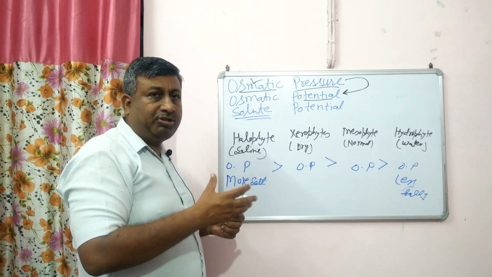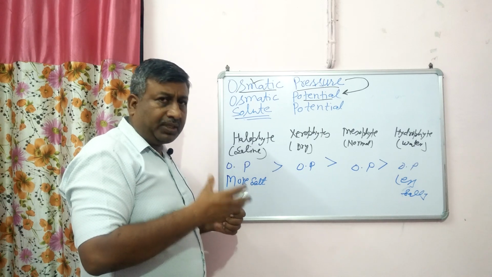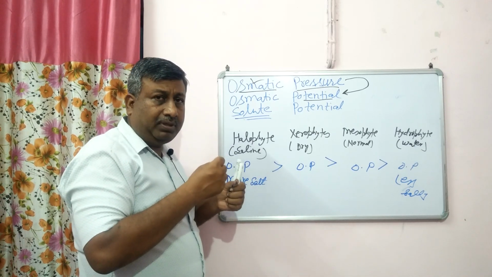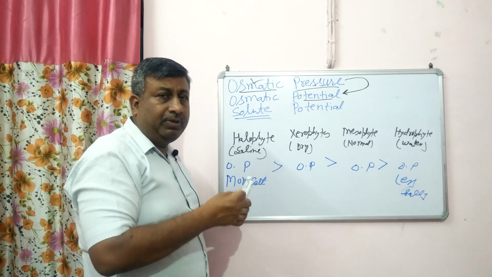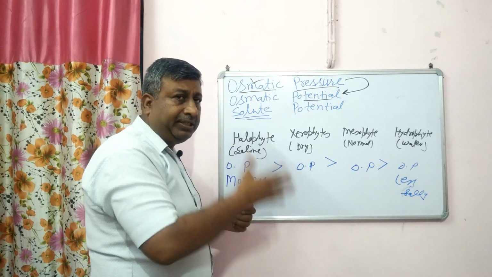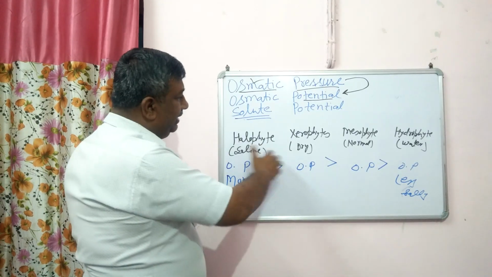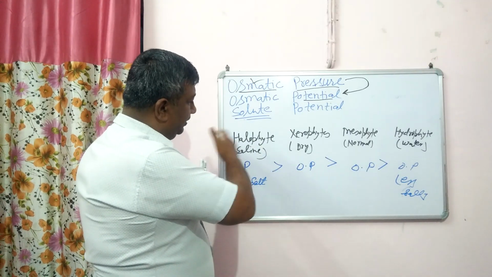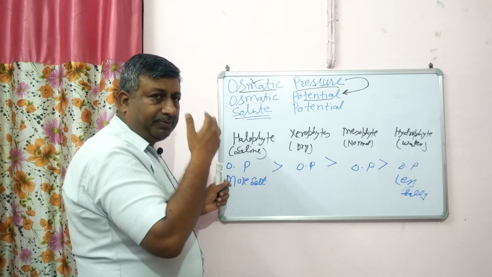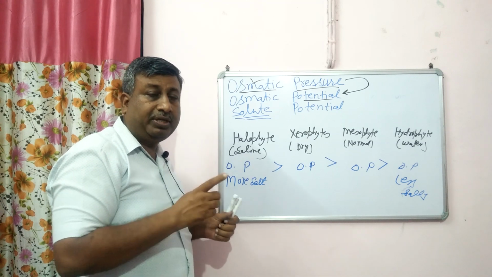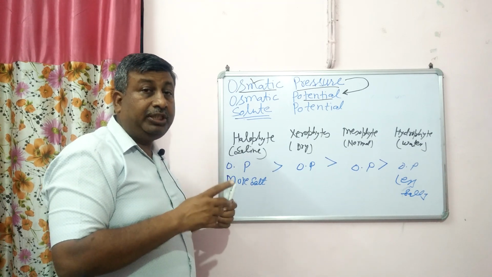In xerophytes, the soil is dry and moisture is limited, and water will enter the cells if they are highly negative with more salt content. So this is the series, the way water potential and osmotic potential occur. Osmotic potential is important for water absorption from the soil.